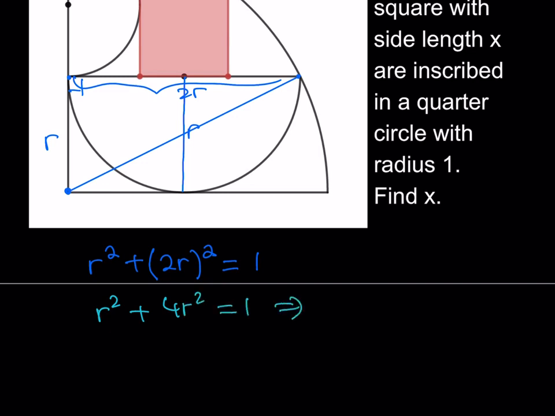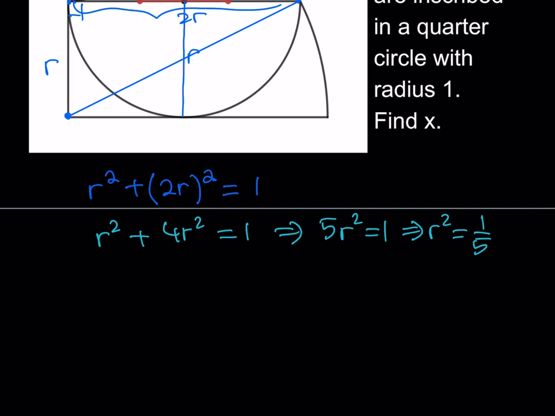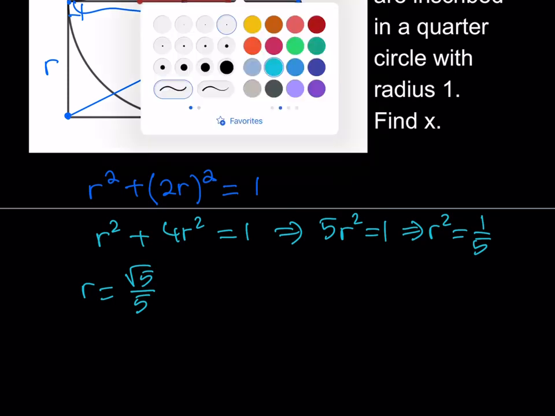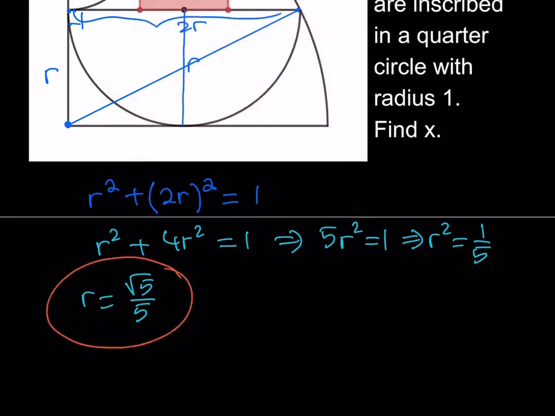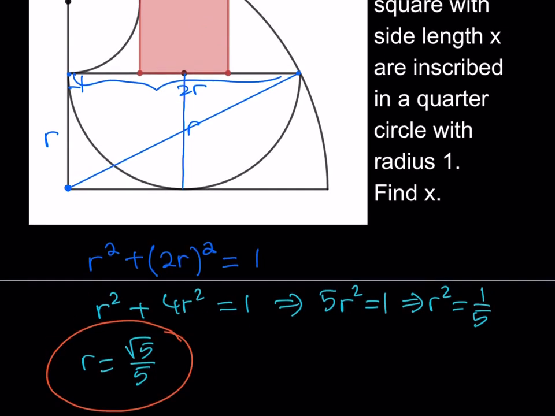Then from here, I get 5R squared is equal to 1, which means R squared is equal to 1/5. If I square root both sides, I get 1 over root 5, which can be written as square root of 5 over 5 after rationalizing the denominator. So that's the first radius that I need to find, which is the radius of the larger semicircle.